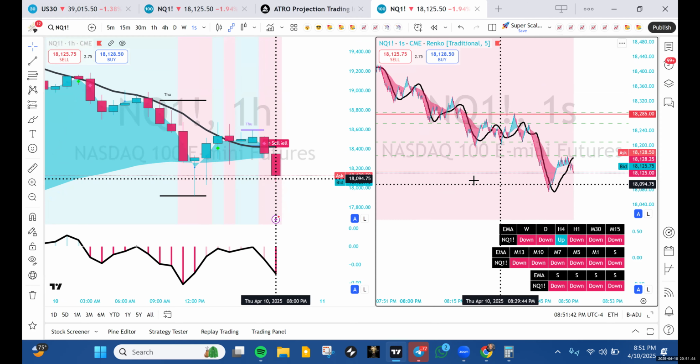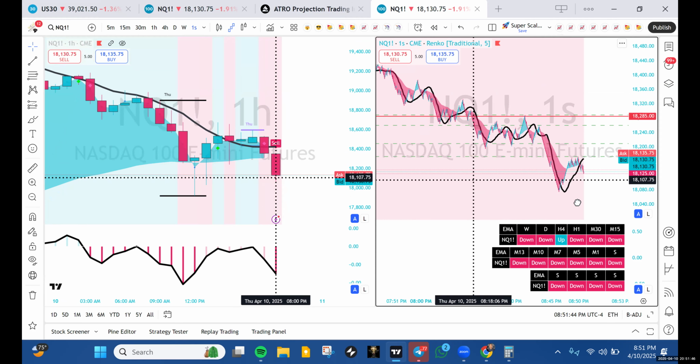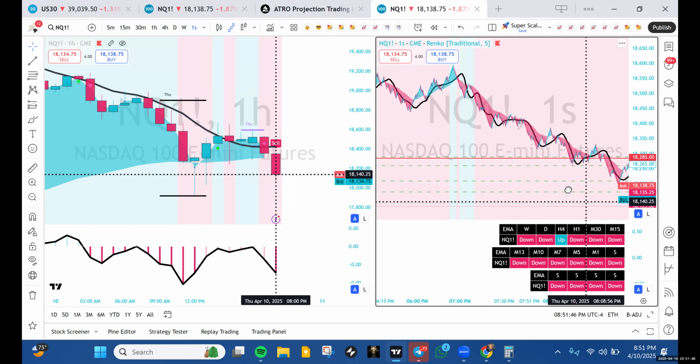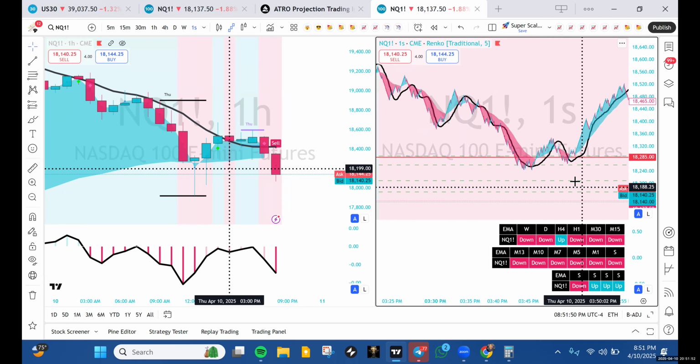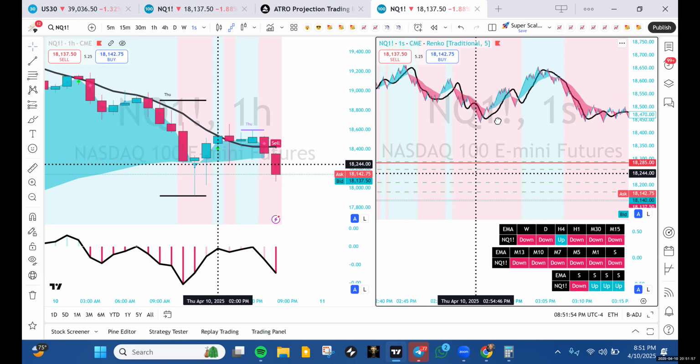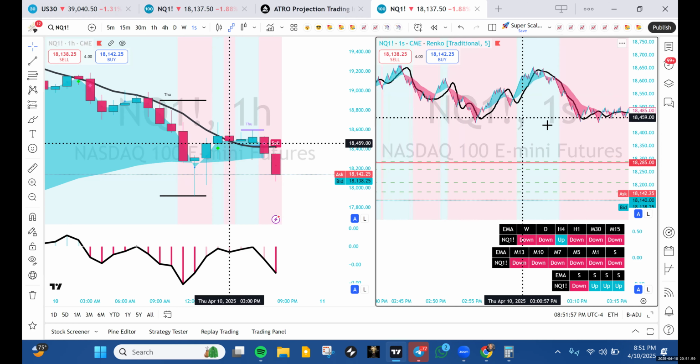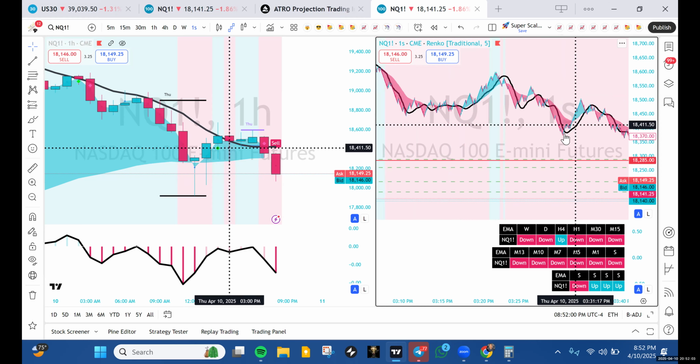And what I want to show you guys here is that this is probably the best thing that you can use to get into your reversals, right? To turn over and get a nice reversal.